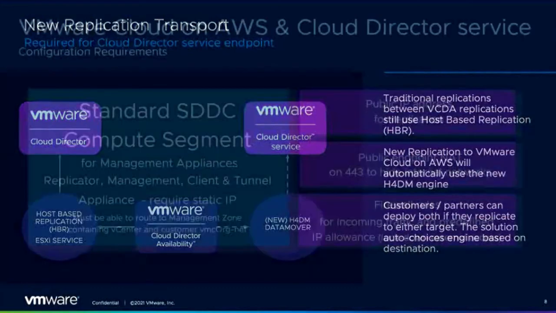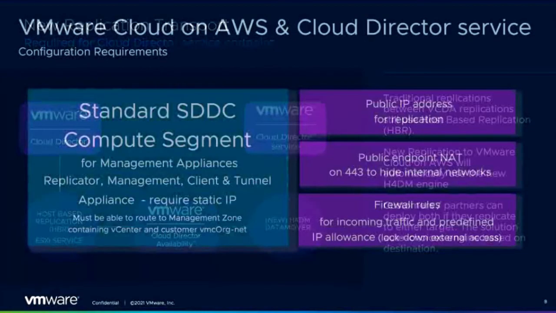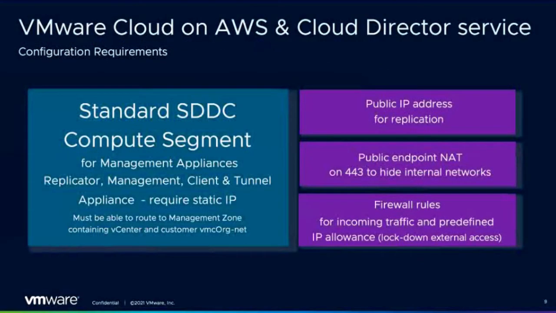The requirements are pretty simple. There should be a standard SDDC and a linked Cloud Director Service to it, where all the appliances are deployed. It's recommended to have a separate routed network for the Cloud Director Availability appliances, but of course, it's just a recommendation. You can use any routed network that is present.